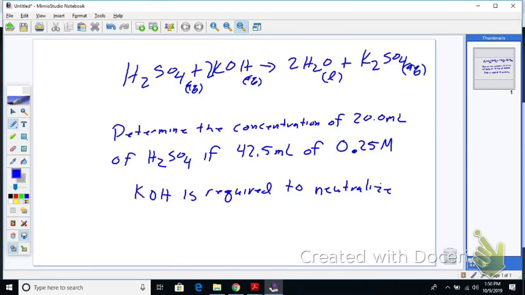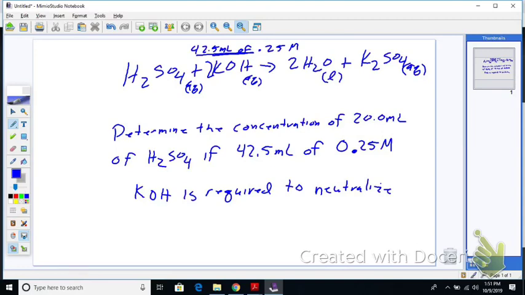Alright, so you can do this all in one step. The book kind of divides it up in steps, so I'm going to do it all in one step. And so what I know is I know how much of the KOH I have. So up here, I know that I have 42.5 milliliters of it, and I've got 0.25 molarity.